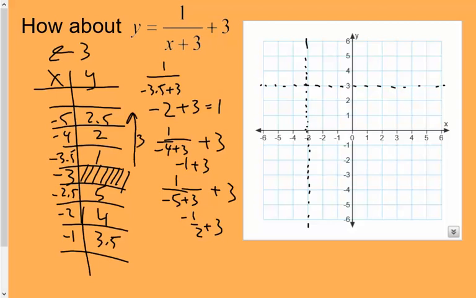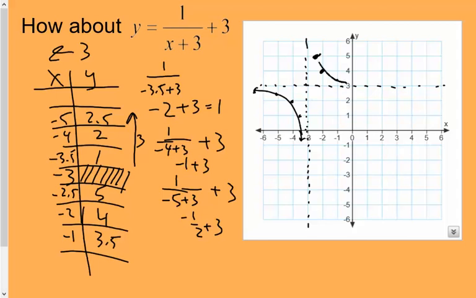So let's go ahead and plot these points. -5, 2.5. -4, comma 2. And -3.5, comma 1. And you can see, look at that, boom, right there, nestled right into the asymptotes. -2.5, comma 5. -2, comma 4. And -1, 3.5.